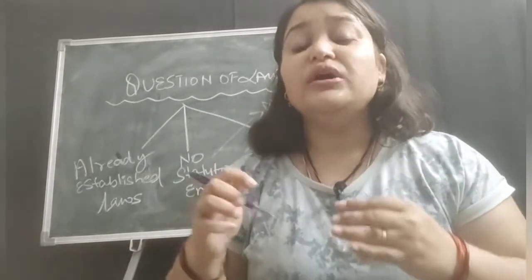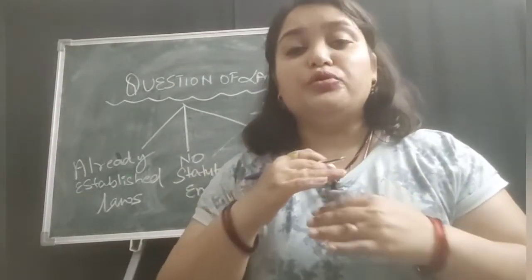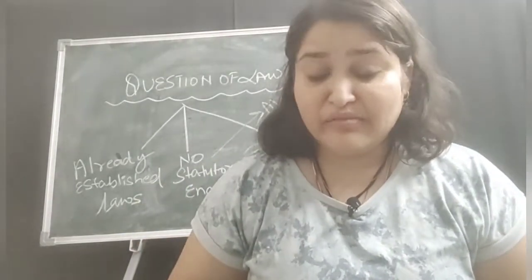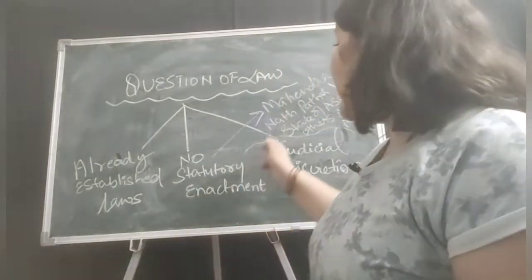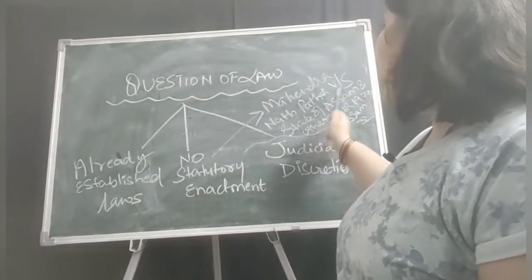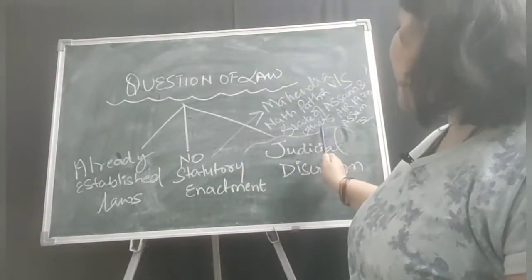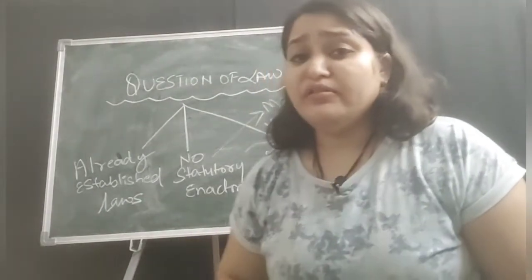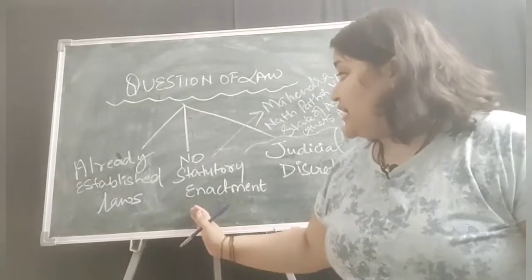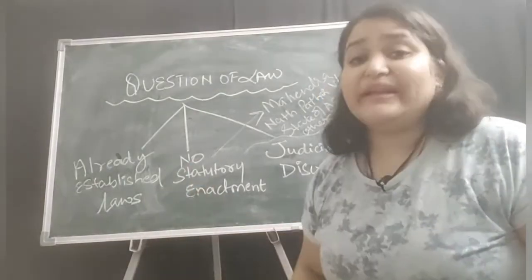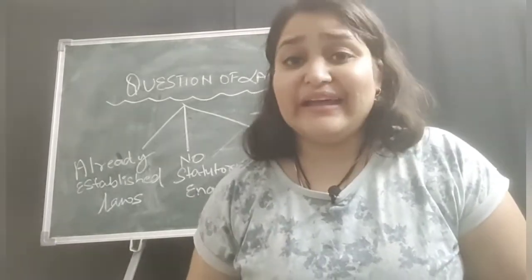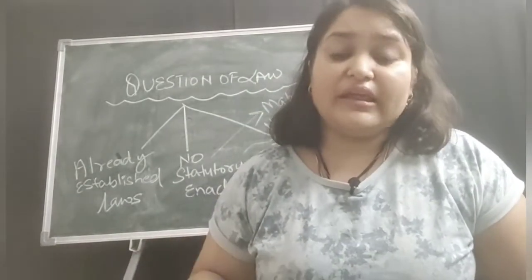There were no rules regarding that. So the court was supposed to decide this matter for the first time in the case Mahendra Nath Pathak versus State of Assam and others, AIR 1970. So in such cases where there is no statutory enactment, the court has to apply its judicial mind and decide the cases.